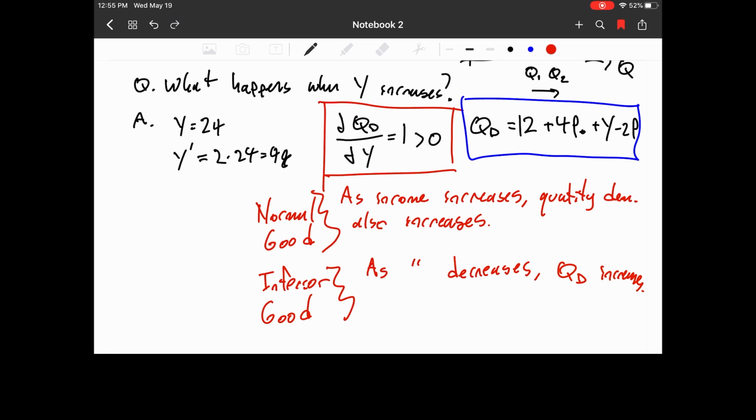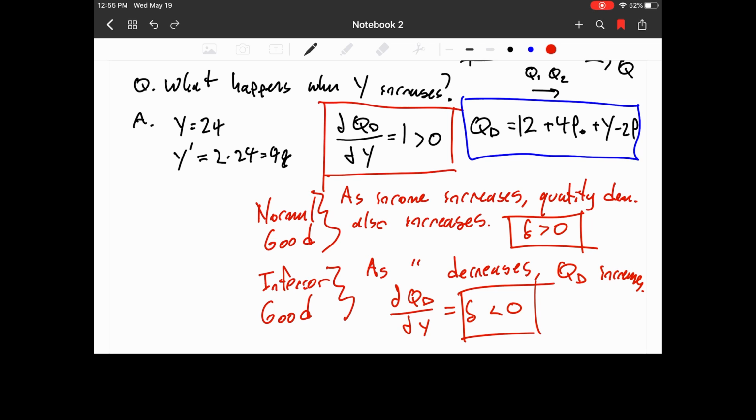So in this linear demand function, the derivative of the demand curve with respect to y is delta. If delta were less than 0, then this good would be inferior. And if delta were greater than 0, then the good is a normal good.